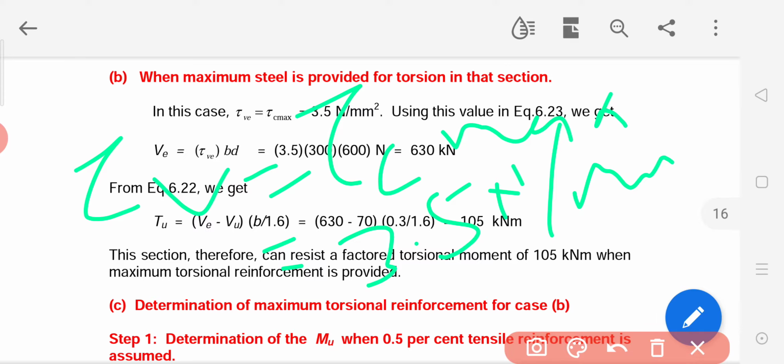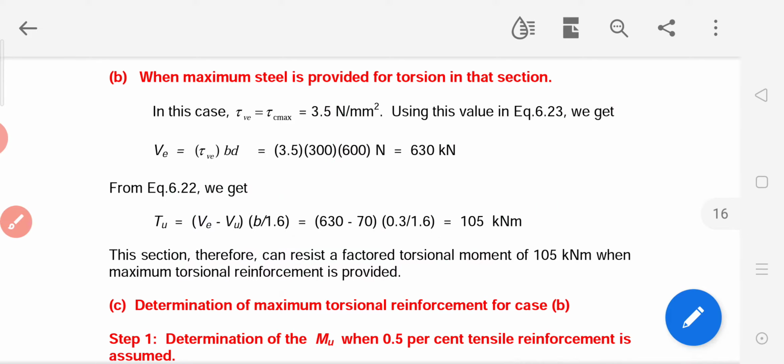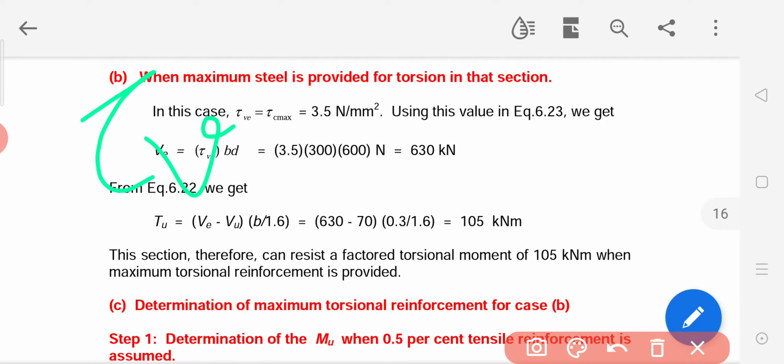Using this value in the equation, we get the value of Ve. For Ve, the formula is tau v equal to Ve upon bd.